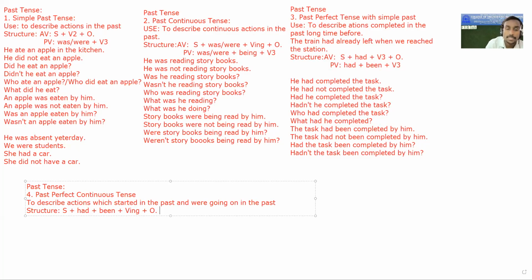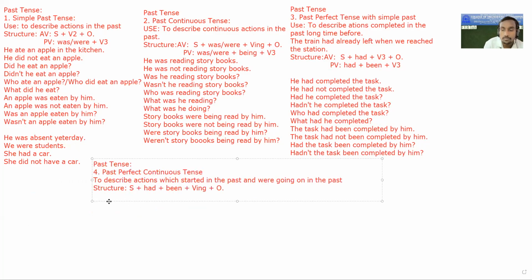Okay, and let's have some examples here. Yes, Avinash. He had been studying since morning.